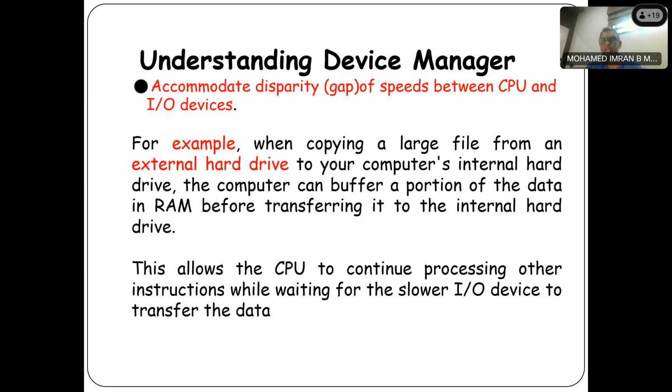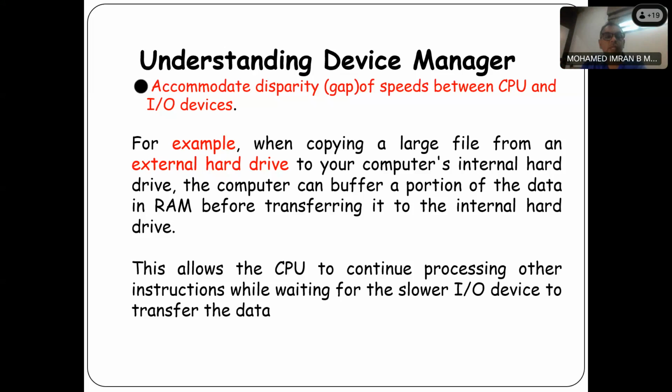So what it does is it instructs the data coming in from a slow place to go to the buffer first, and once the buffer is full, only then the CPU comes back, takes the data and puts it inside the RAM and the hard disk. That is why you need a device driver to facilitate the copying from one end to another, from a low speed to a high speed.